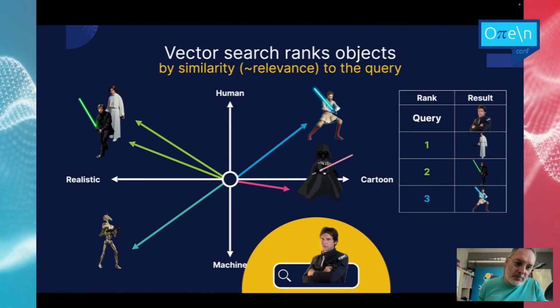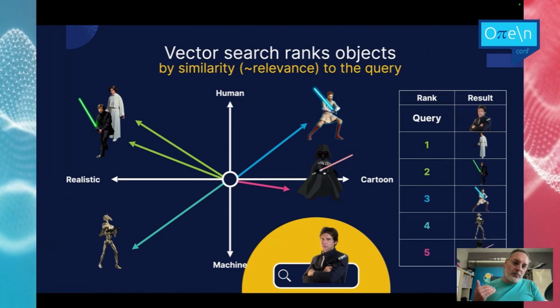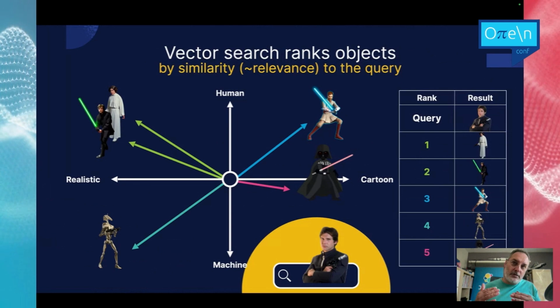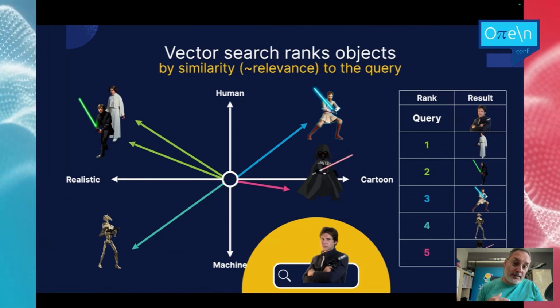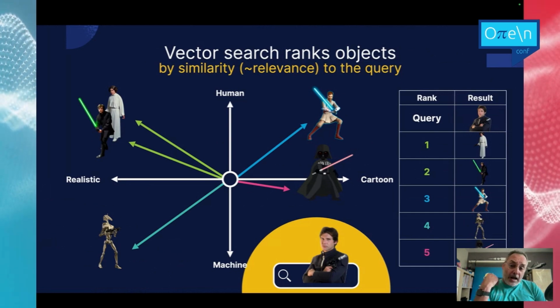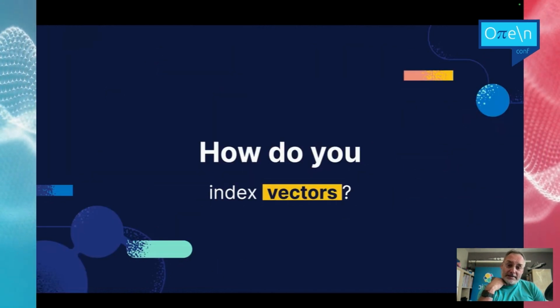Let's say Obi-Wan, and then the machine. What we are sure of is that Darth Vader is the opposite of what we are searching for, which is Han Solo here.